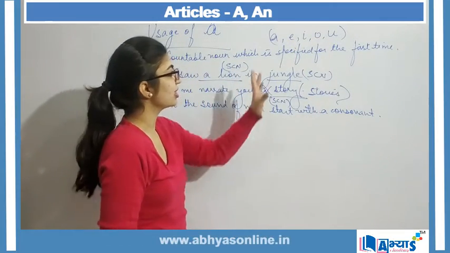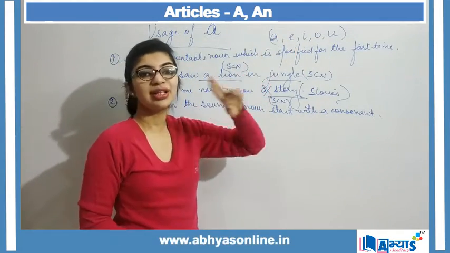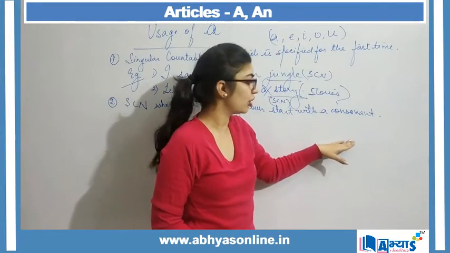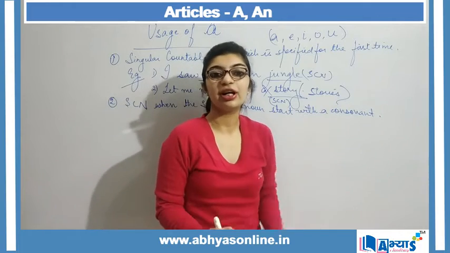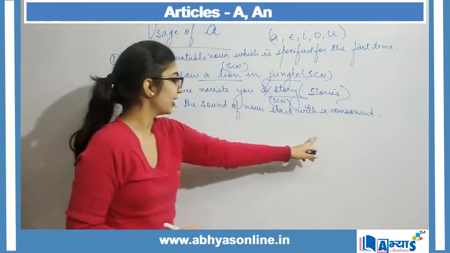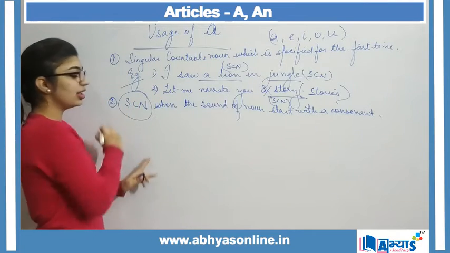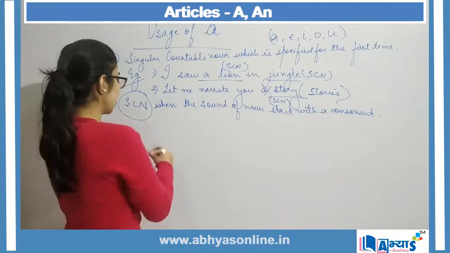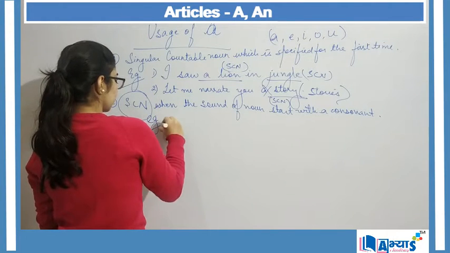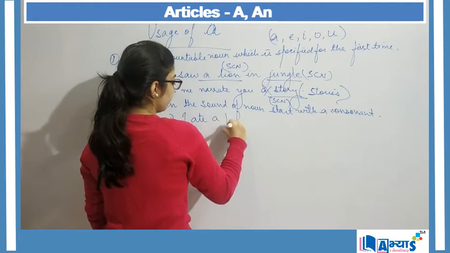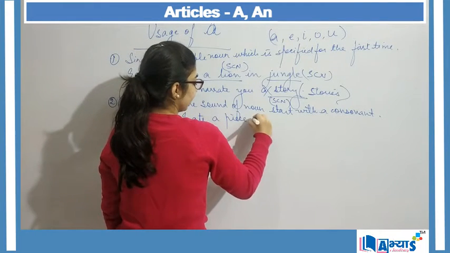So all the letters which begin with the letters except A, E, I, O, U are referred to as consonants. So whenever a noun begins with a consonant and that noun is a singular countable noun, then we will make use of a. For example, I ate a piece of cake.